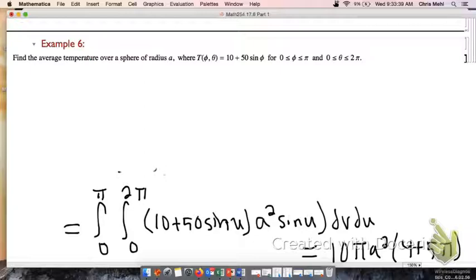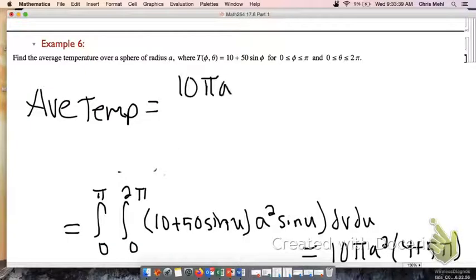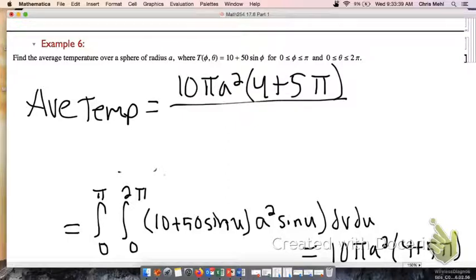And then if you want the average temperature, you would just take that integrated temperature and divide by the surface area, which we got from the previous problem. So the average temperature is equal to this 10 pi a squared times 4 plus 5 pi. So that was the integral of the temperature function over the sphere. And then you would just divide that by the surface area, 4 pi a squared.